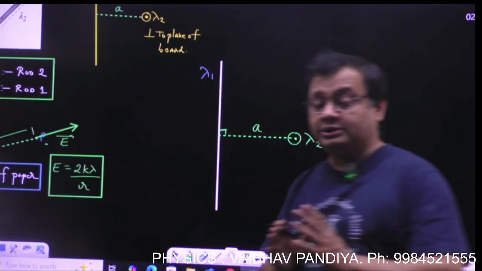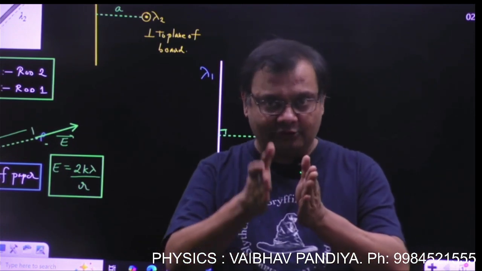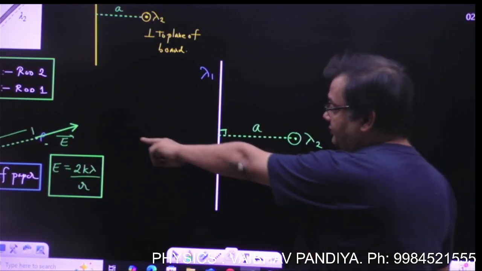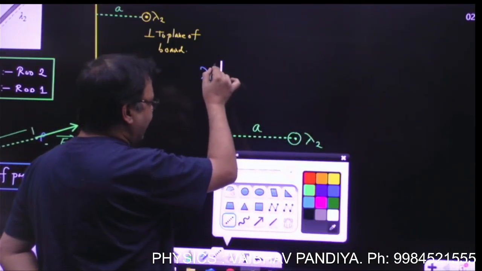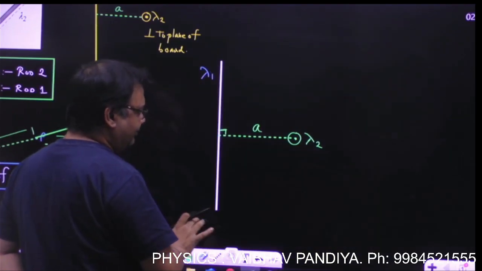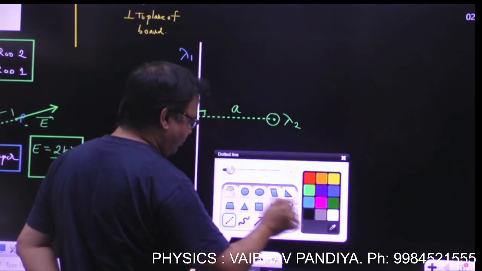The approach is that we will find the electric field because of the source at the location of the target. Now see, when you apply this approach, different points at the location of the target, that is, different points along rod 1, are at different distances from rod 2.